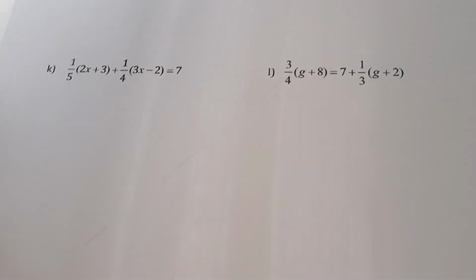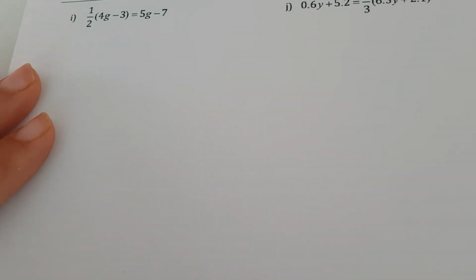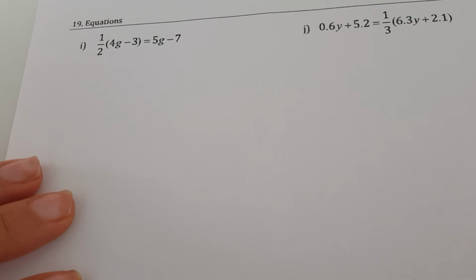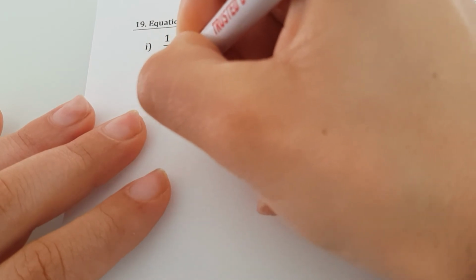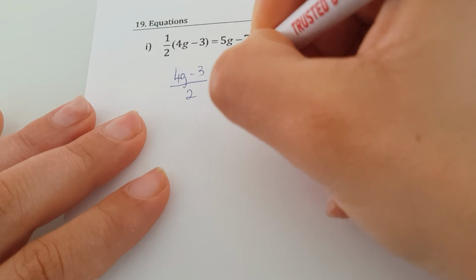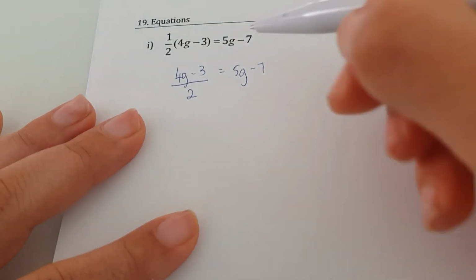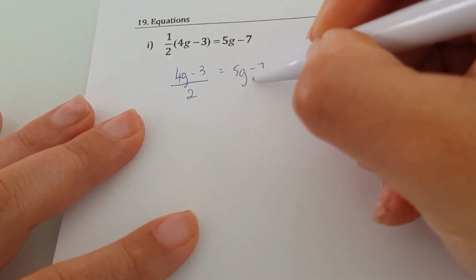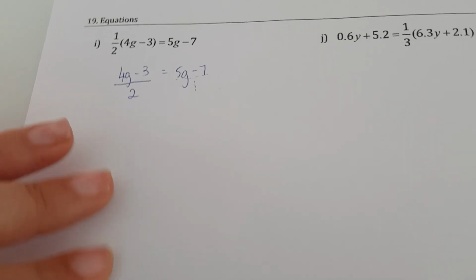So, for the following questions, I need you to try them out yourselves. But before you try them out yourselves, for next lesson, I need to remind you of certain things. This can be written like this, and 5g minus 7 can be written like that, or it can be written like this on 1, because it's a whole number.